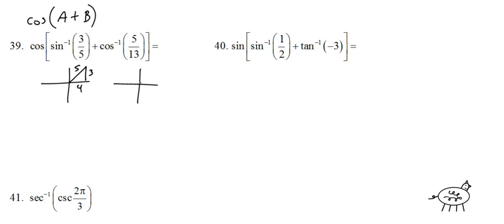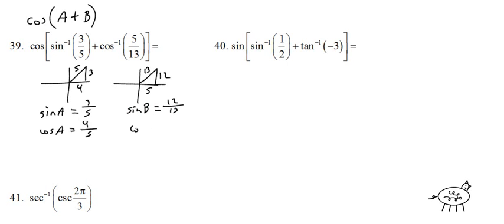And inverse cosine, this is also positive, so it's going to be 5 and 13 and 12. Okay, so we need to figure out each one of these. Sine of A, well, that's already given, that's 3/5. Cosine of A is 4/5. And sine of B is going to be 12 over 13. And cosine of B is given, right? That ratio is 5 over 13.